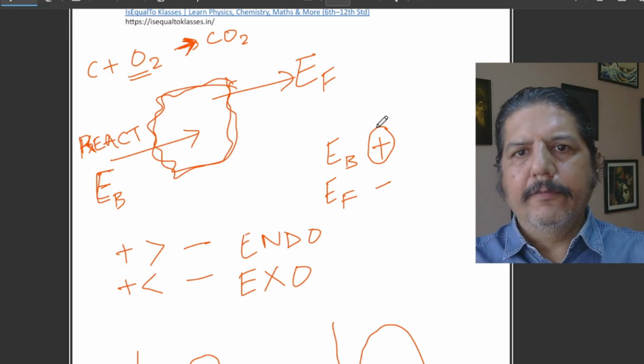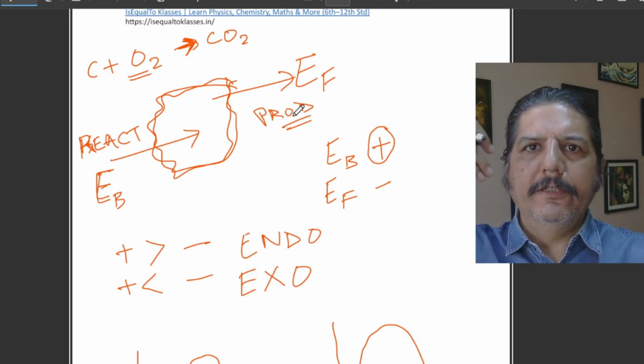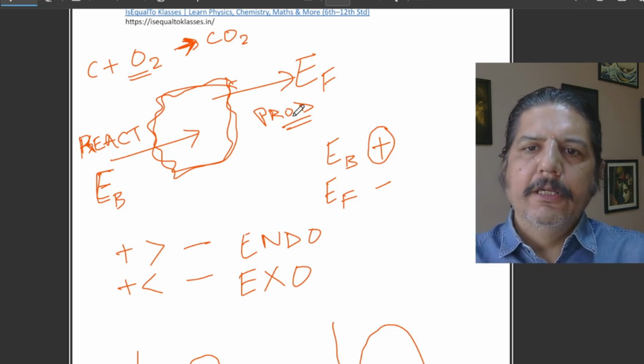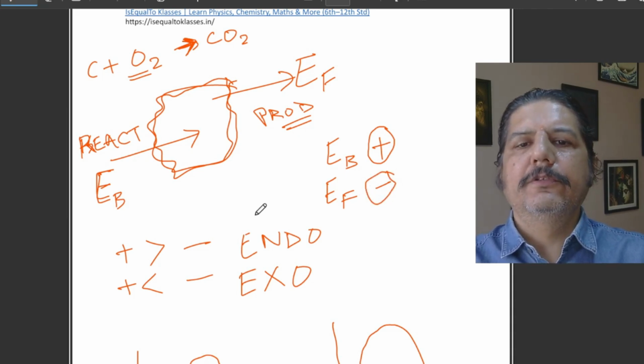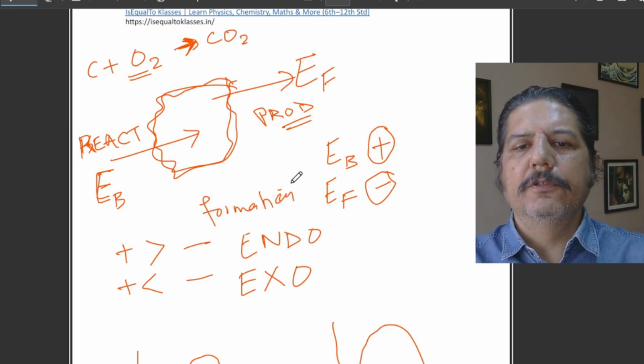On the product side, whenever new bonds are formed, energy is released. And because that energy would be leaving the system, this EF is the energy of formation of new bonds.